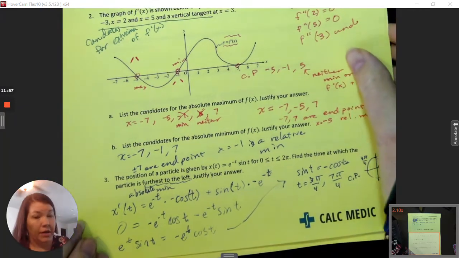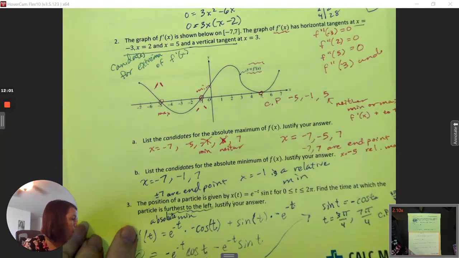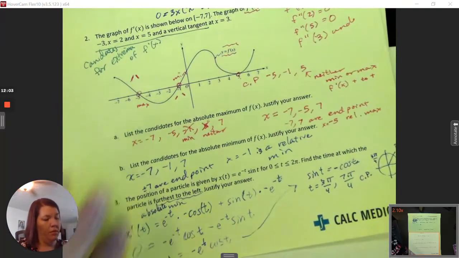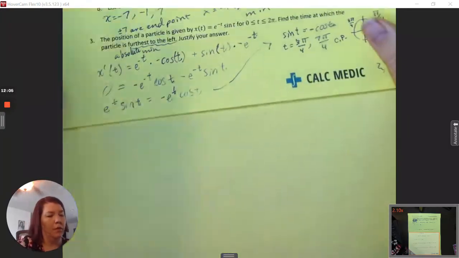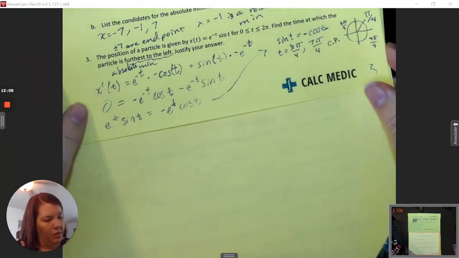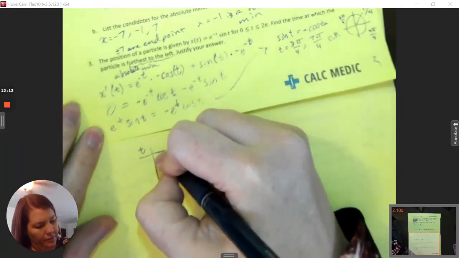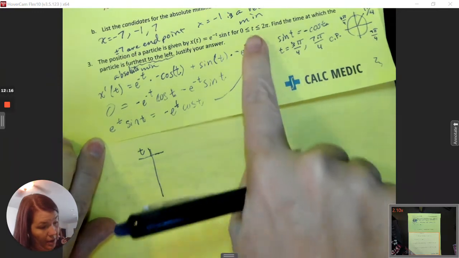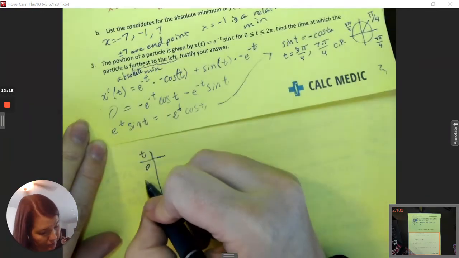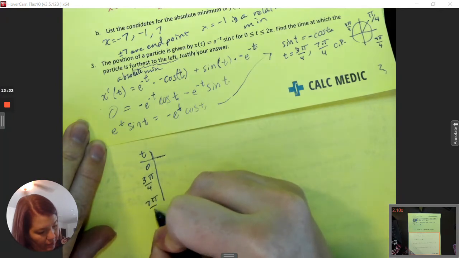And so now we need to do a test. I'm going to do a candidates test. Endpoints, 0 and 2 pi; critical points, 3 pi-fourths and 7 pi-fourths.